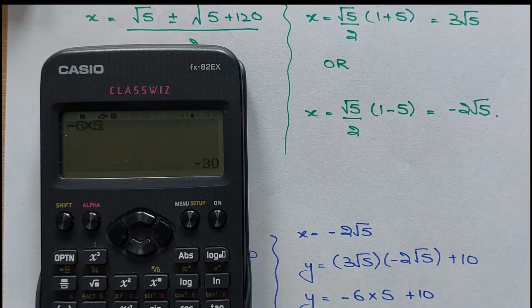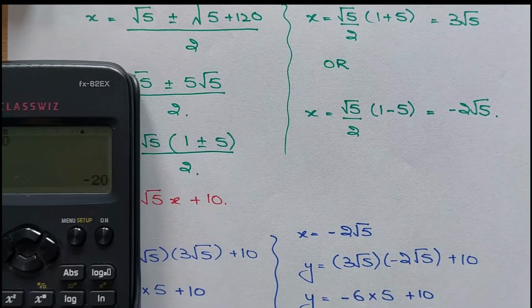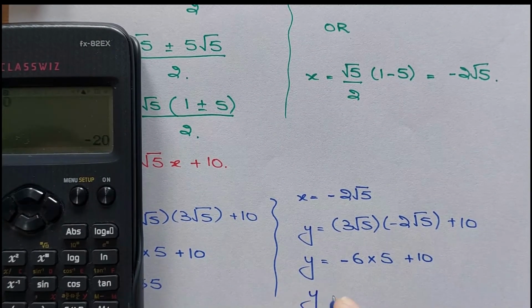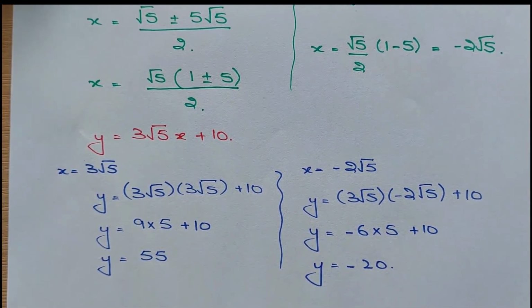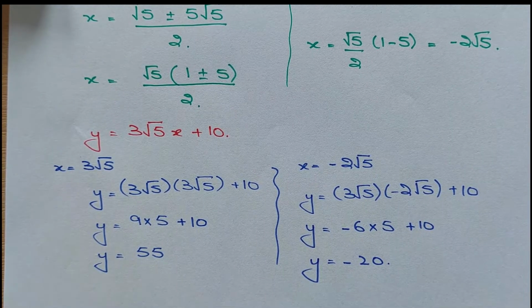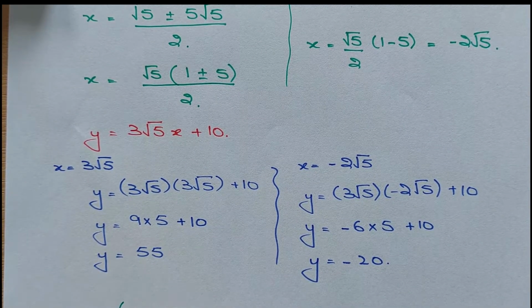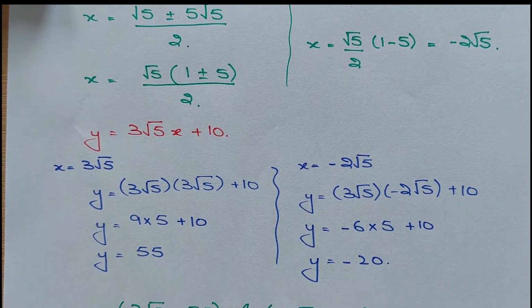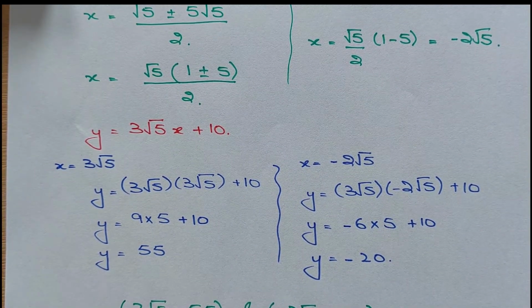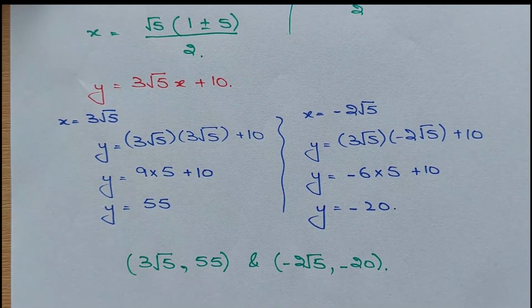Minus 6 times 5 plus 10 is negative 20. So y is minus 20. Okay, so the exact coordinates of the points of intersection are: x is 3 square root of 5, y is 55, and when x is minus 2 square root of 5, y is negative 20. So these are the two exact coordinates of the points of intersection of the curve and the line.